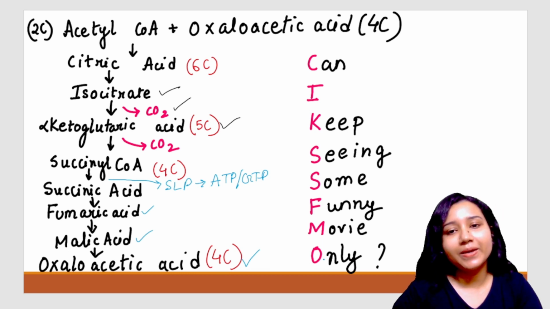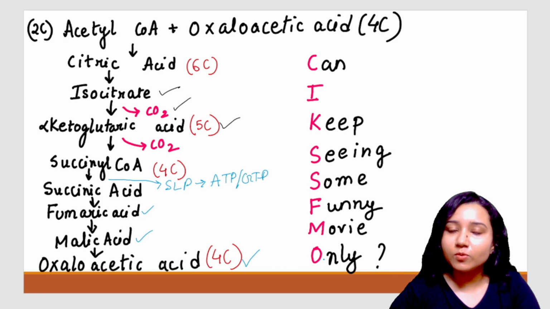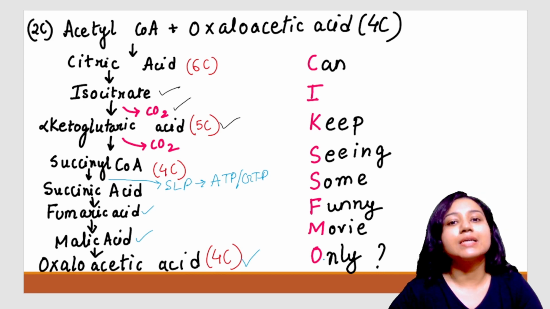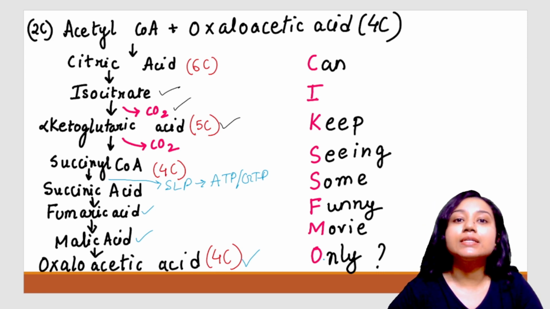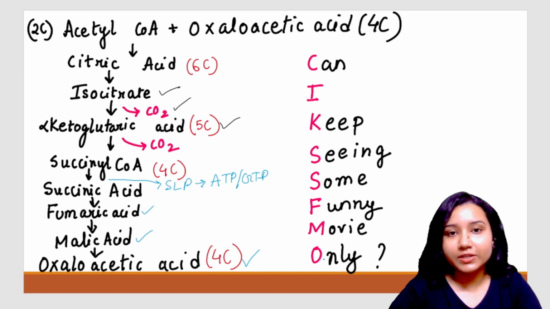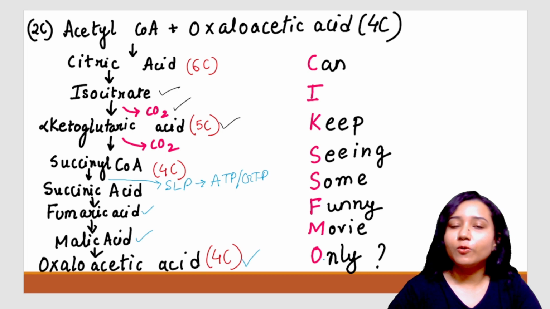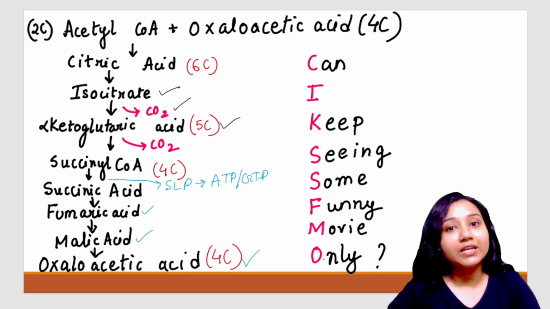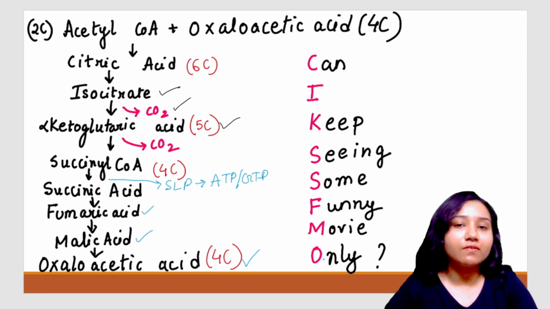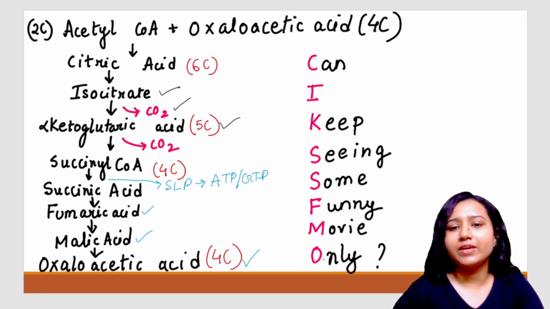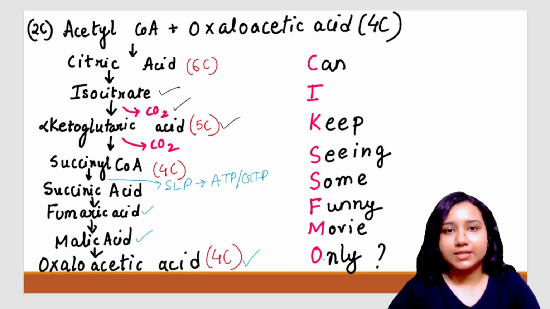So you can remember by this: can I keep seeing some funny movies only? That means C is citric acid, I is isocitrate, K is alpha ketoglutarate, S is succinyl CoA, and S is succinic acid, F is fumaric acid, M is malic acid, and O is oxaloacetic acid.